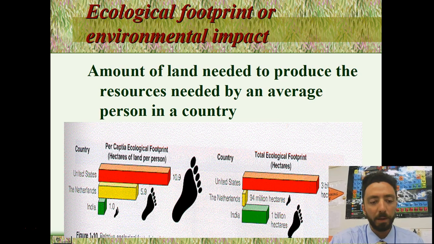I do like to point out down here the differences between the per capita footprint and the total footprint. So if you look at the per capita footprint, that would be the average footprint per person in the country. And you can see just how massive the United States is, right? 10.9 hectares of land per person in the United States. Compare that to the Netherlands.